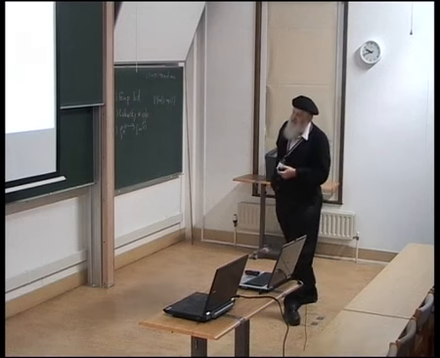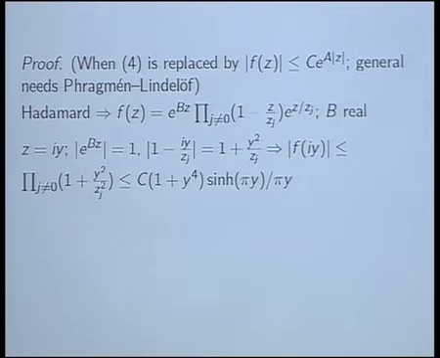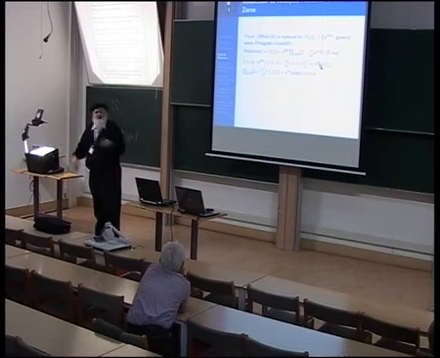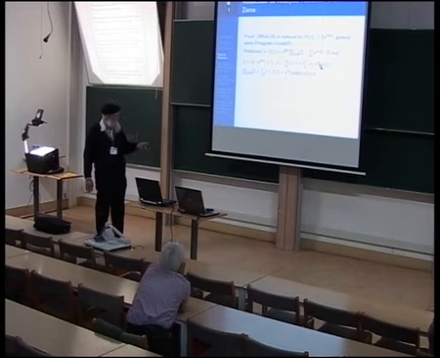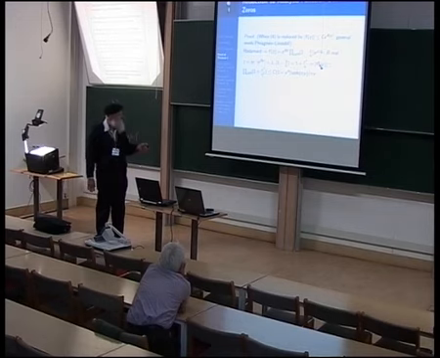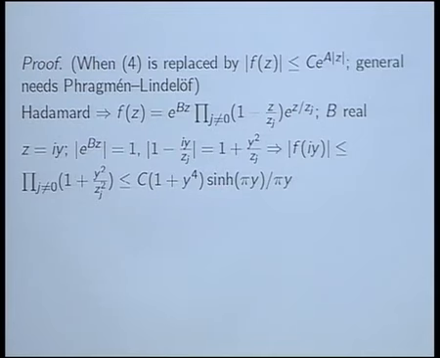So if we take z equals iy, then this factor, because zj is real, is of magnitude 1. This factor is of magnitude 1. This has this form. And so f of iy is less than this product. And the zj's are essentially of distance j away. Now it's j minus 1, so that's why I have a y to the 4th. But the product is bounded by a sinh kernel.